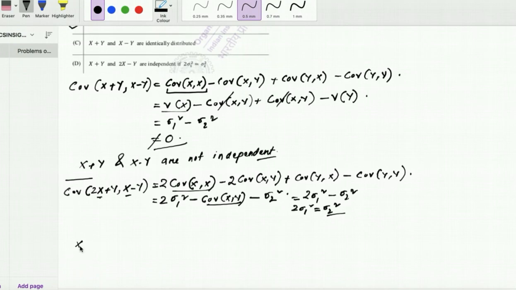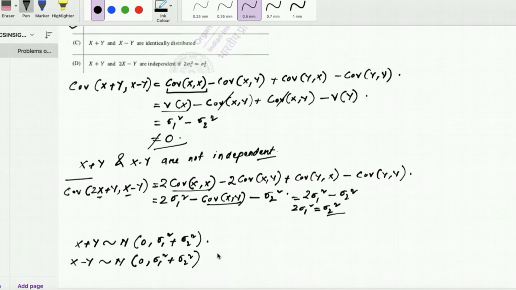So let's see the distribution of X plus Y. X plus Y would follow normal 0, sigma 1 square plus sigma 2 square, and X minus Y will follow normal 0, sigma 1 square plus sigma 2 square. See, both the distributions are identical. This means number C is also correct.